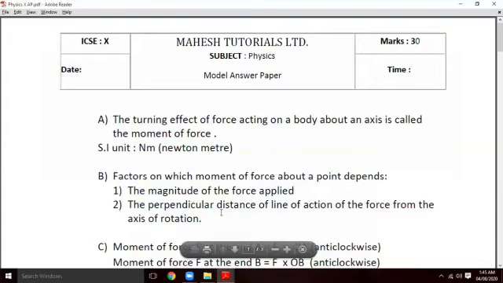If in the second point you have failed or forgotten to mention the word perpendicular or action, line of action or point of application of force or axis of rotation, then please do not give yourself a mark for the second part. You can still give yourself 1 mark if you have mentioned magnitude of force or the quantity of force as the first point. I hope I am very clear.